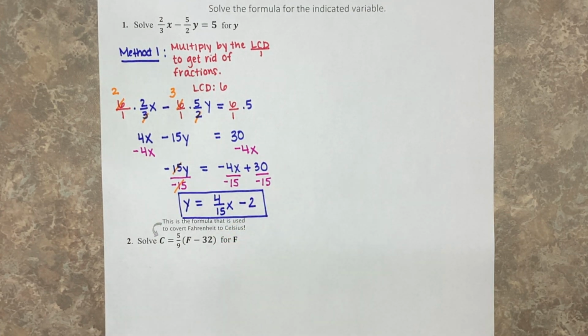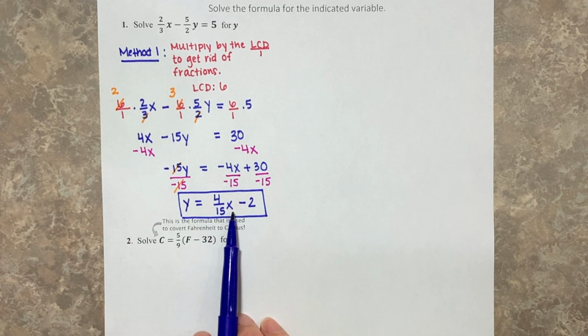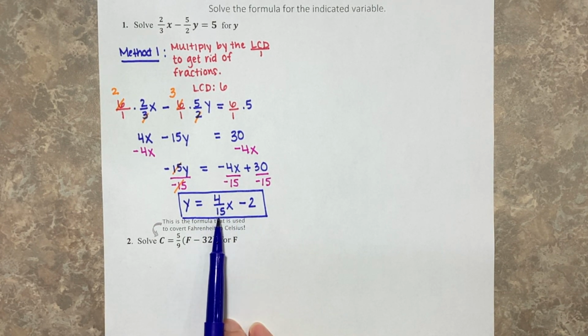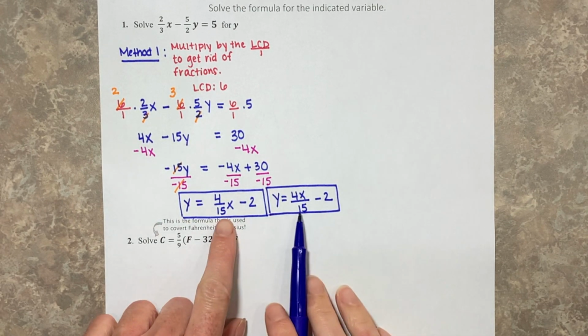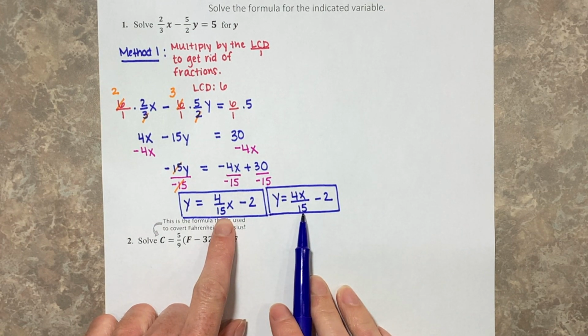Now we've completed the problem because the problem asked us to solve for y, and we have isolated y. Notice here we have 4/15 x. You can either write it like this, with the 4/15 as the coefficient and the x out front, or we could also write the x in the numerator like this. Both of these are equivalent and both of them are correct.